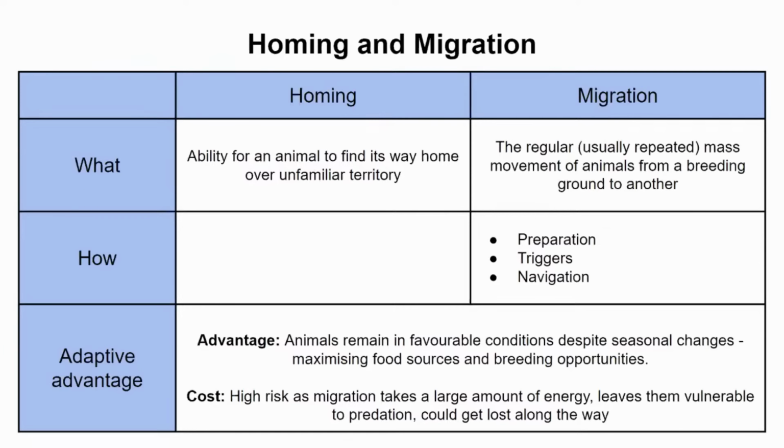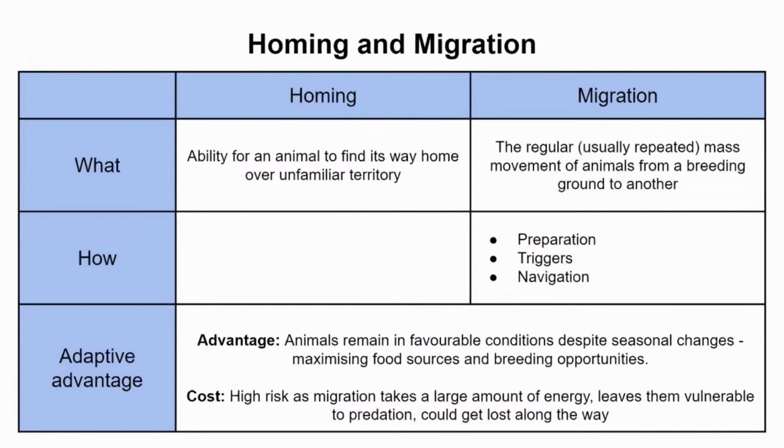However, it is a high risk, high reward system. So it takes a lot of energy. It leaves individuals really vulnerable to getting lost, also vulnerable to predation. I think everybody's probably seen those videos of bears in rivers eating salmon as they make their way upstream.